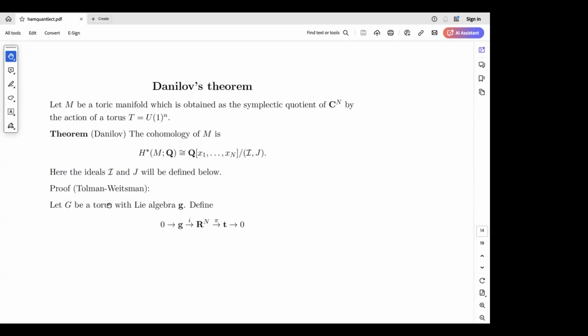Let G be a torus with the algebra little g, and define, so 0 goes to little g, goes to R to the capital N. So again, I is the inclusion map from little g into R to the capital N. Pi is the map from R to the capital N to the algebra of T, which is just R to the little n.